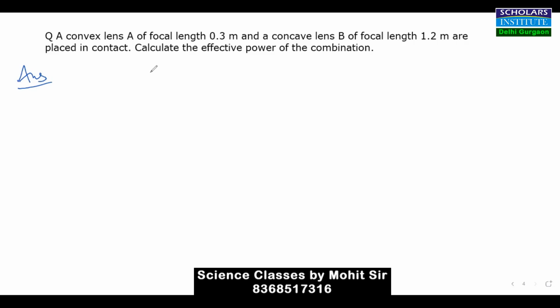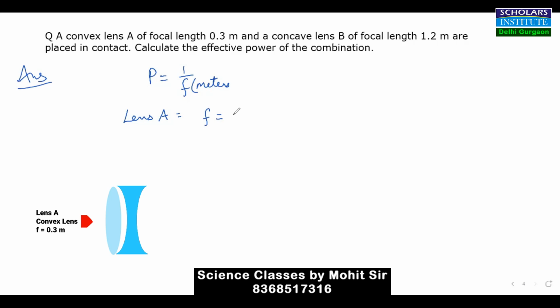We know that power of a lens P is the reciprocal of the focal length in meters. So for lens A, which is a convex lens, and a convex lens has a positive focal length, so plus 0.3 meters.